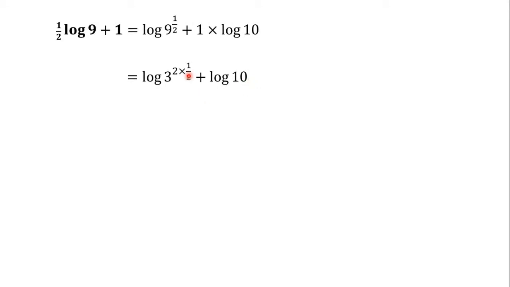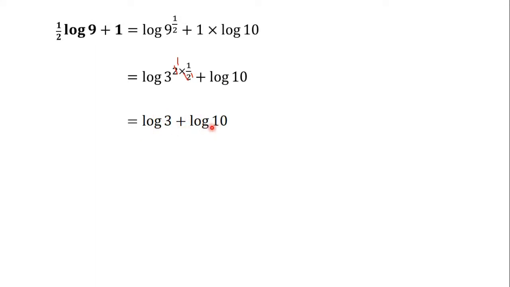When you do this, you see that the 2 and the half will cancel, so you have 1 times 1, which is 1. So 3 exponent 1 will give us 3. So you are going to have log 3 plus log 10.